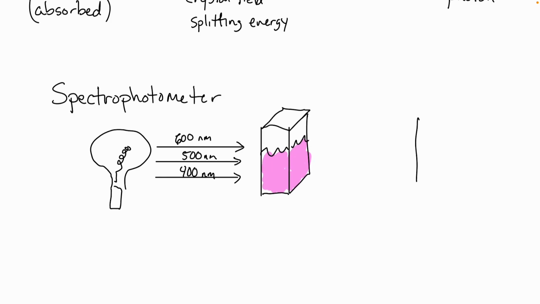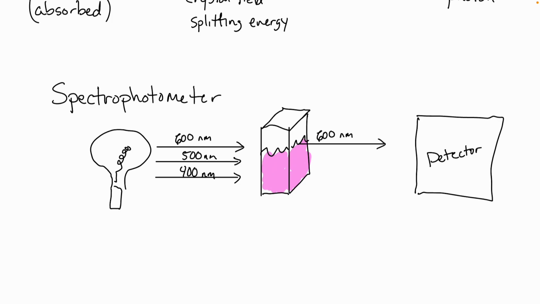There's a detector on the other side that's measuring exactly what comes out. And again, if something has a color associated with it, it's because it's absorbing certain photons. So let's say that I send in one with 600 nanometers, one with 500 nanometers, and one with 400 nanometers. And what comes out the other side is only the 600 and the 400. That means that 500 nanometer photon is absorbed.